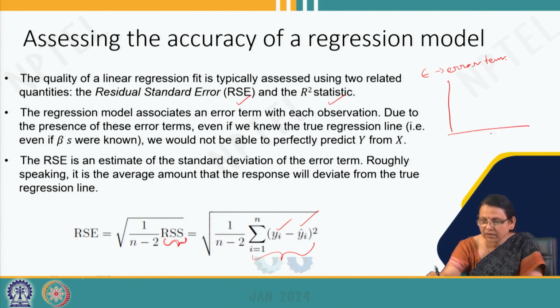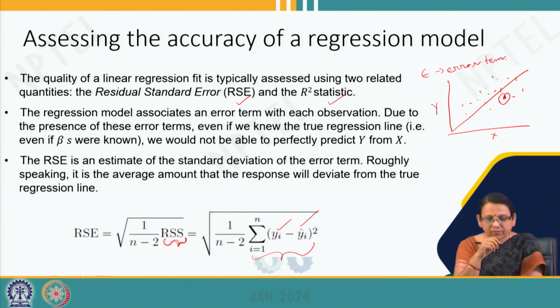Suppose in the case of a simple linear regression, this is your x and this is your y. So, your points will be here, and you will be fitting the line which will be minimizing the error. But whatever you may say, when you actually get a new value of x for which you are going to determine y, that new value of x probably will be somewhere here, and there will always be an associated error term.